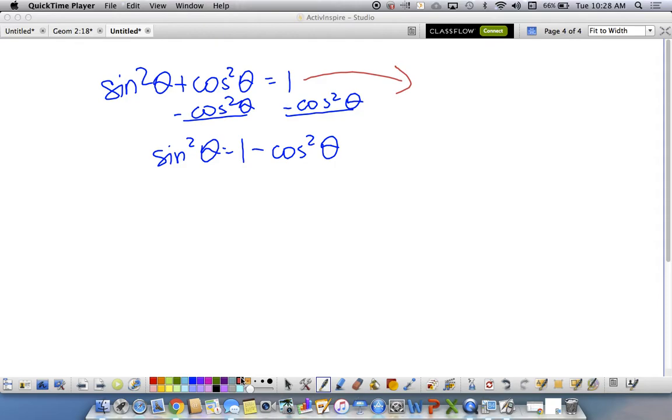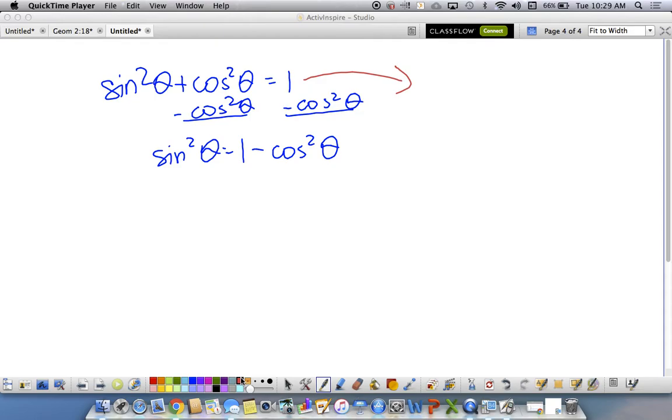Cosine squared needs to come over, and then we arrange it. So 1 minus sine squared equals cosine squared. So if we move the 1, y'all moved multiple places.